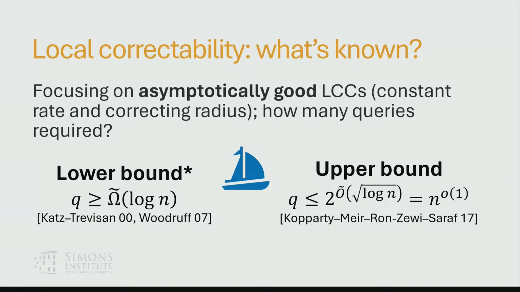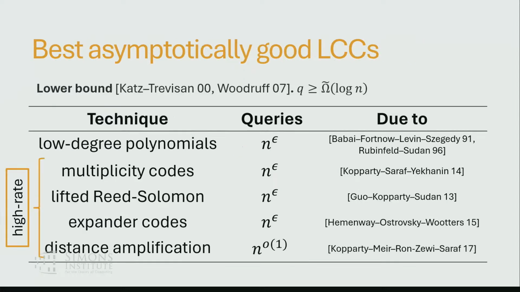And just to emphasize how difficult this problem is, if you look at the history of asymptotically good LCCs, the first ones come from instantiating Reed-Muller with the right parameters, and you're able to get some arbitrarily small polynomial number of queries.